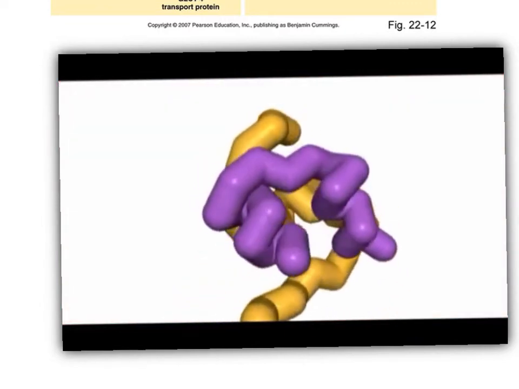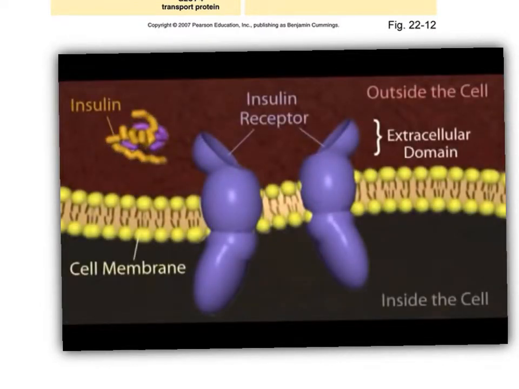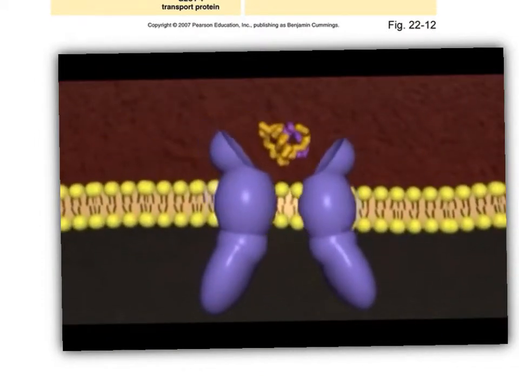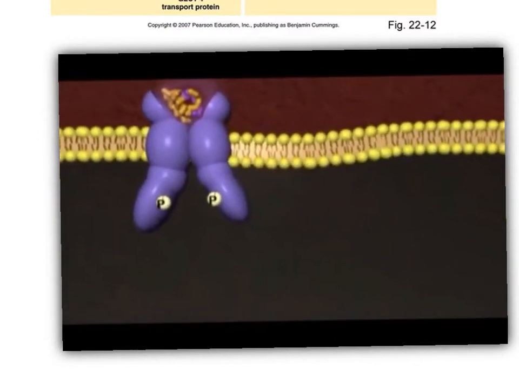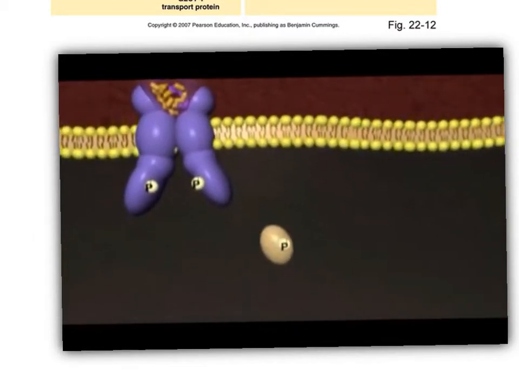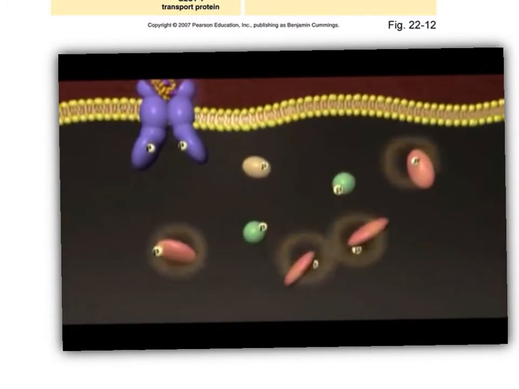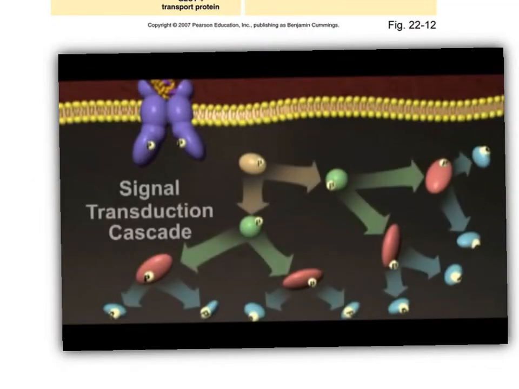The insulin that is now released into your bloodstream binds to the extracellular domain of receptor proteins found on the surface of liver, muscle, and fat cells. This binding triggers the autophosphorylation of the intracellular domains, which, in turn, phosphorylate a specific substrate signaling protein. This protein then phosphorylates other downhill signaling proteins, leading to an amplification of the signal at each step. This overall signaling process is known as a signal transduction cascade.